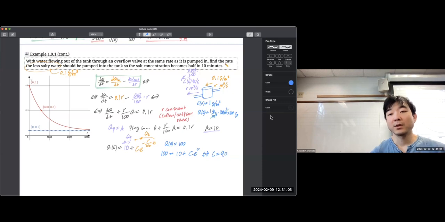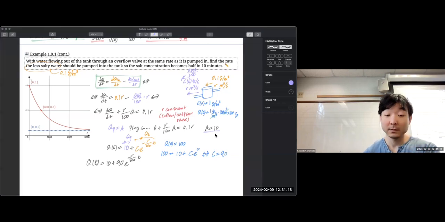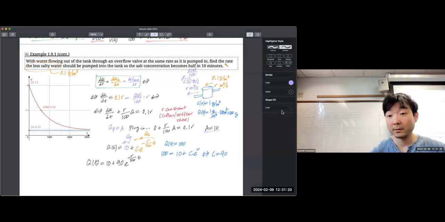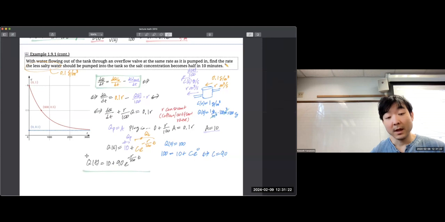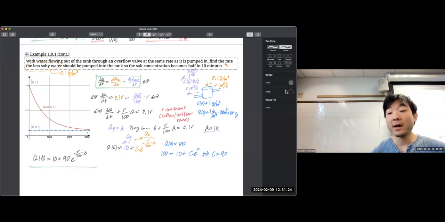Our full solution will be very similar to before, but with that R: 90 times e to the negative R over 100 times t. This is the amount of salt in the tank as a function of time.